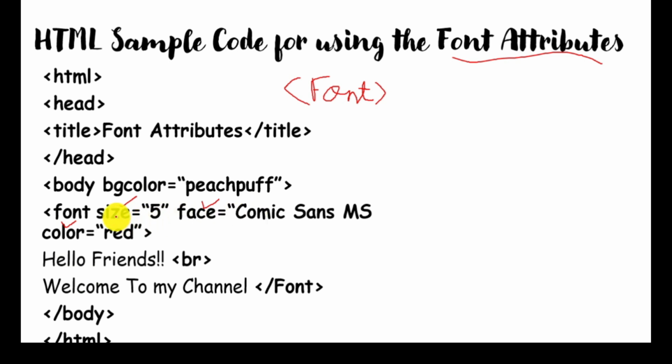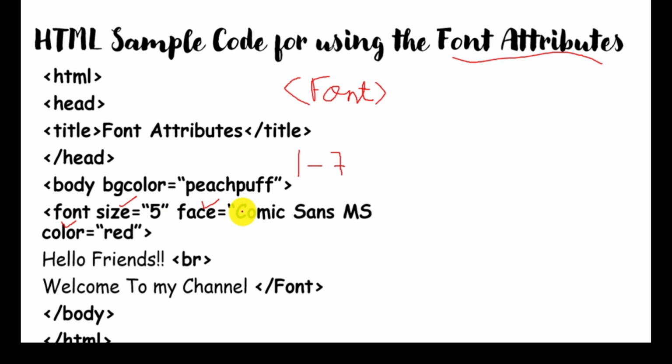The font size is only from size number 1 to size number 7. Size number 1 is the smallest one, and as you move forward, the size begins increasing. And the font face is like Arial, that is a font style, right?